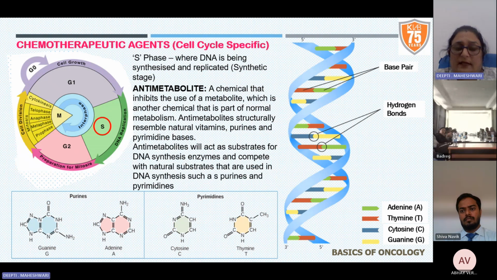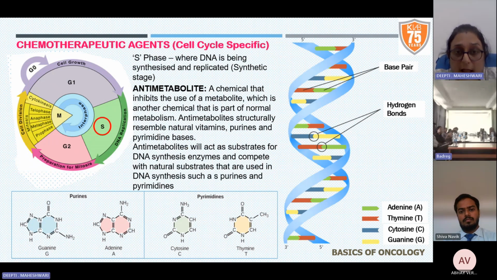Basically, many metabolites are required for the normal functioning of the cell cycle, which can be in the form of enzymes or proteins or folic acid. So all these metabolites are required for the normal cell cycle to function.